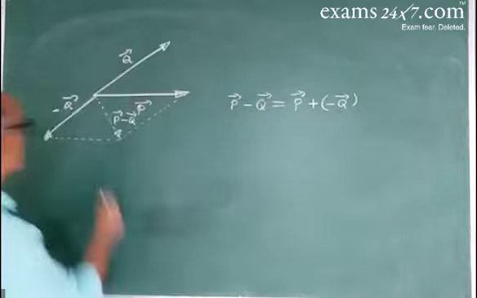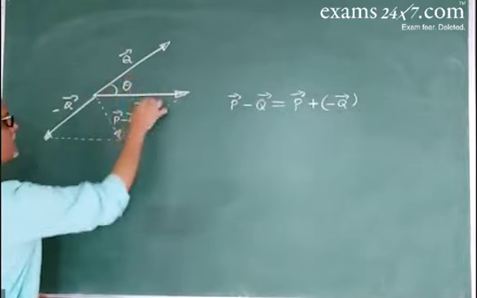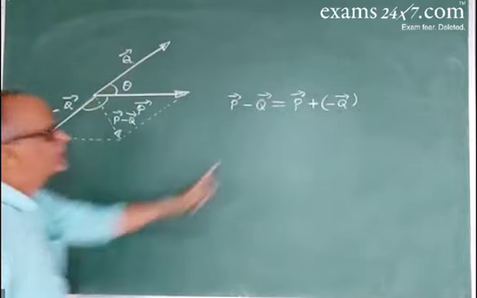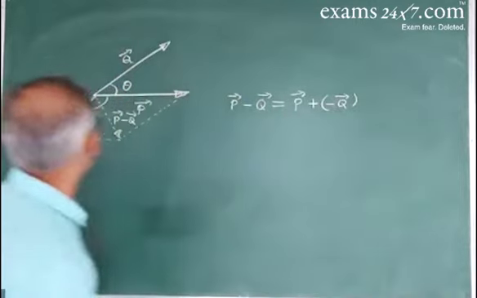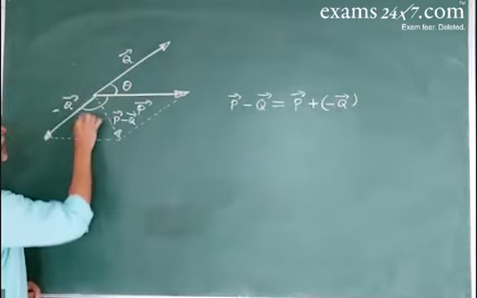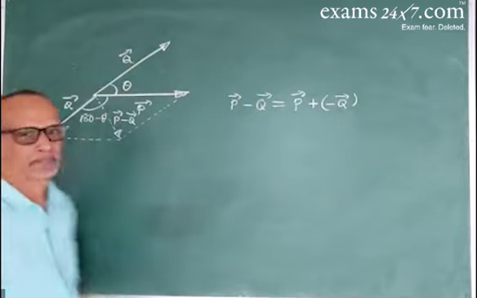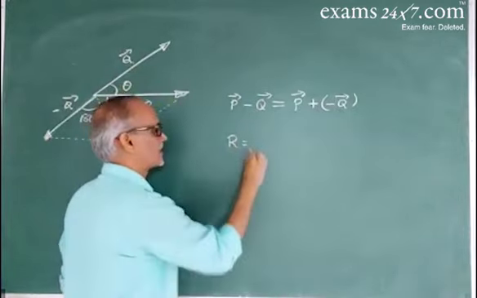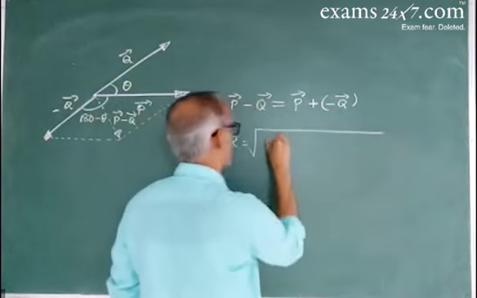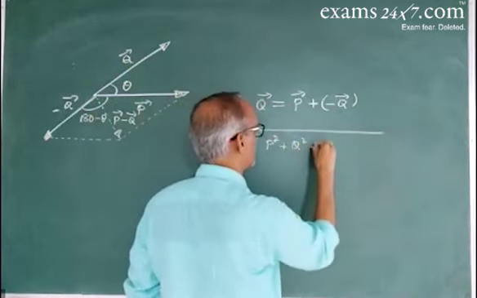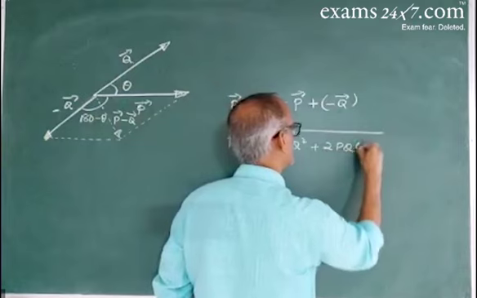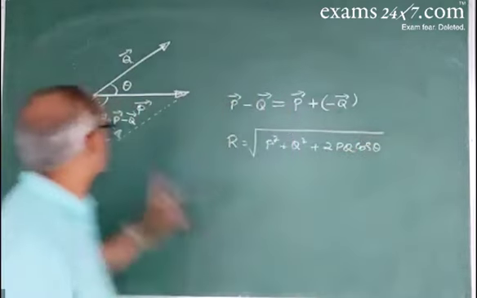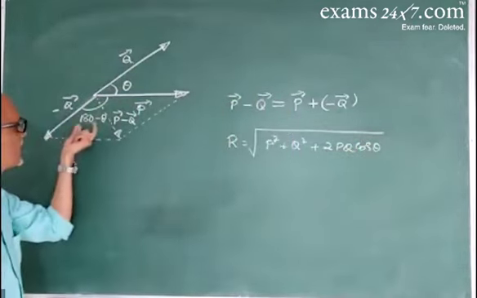Now, as you can see, if theta is the angle between p and q, the angle between p and minus q is 180 minus theta. So we know the formula for the addition of the two vectors, where r is equal to root of p square plus q square plus 2pq cos theta. But here the angle between these two vectors is 180 minus theta.